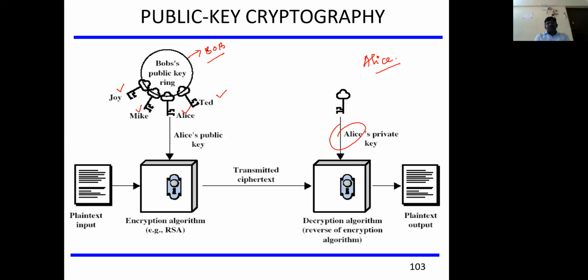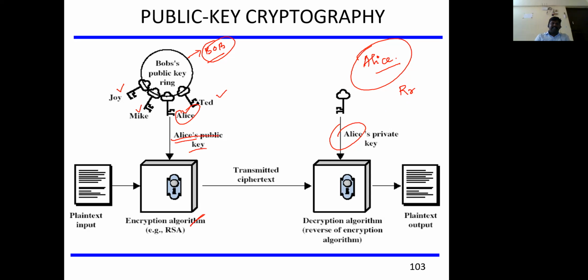Bob needs to encrypt the data using the receiver's public key. Alice is the receiver, so he will find Alice's public key and do the encryption using the RSA algorithm with the receiver's public key.